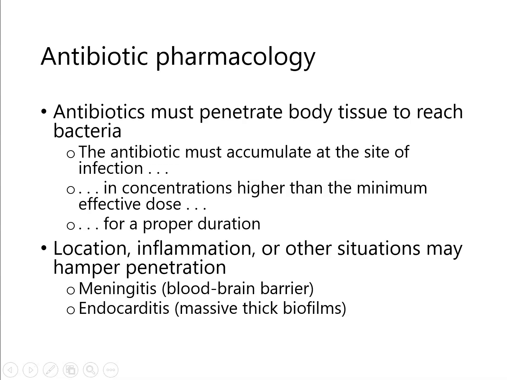Some of the bacteria that will infect heart valves make massive, thick biofilms, and antibiotics just won't diffuse into that very well, so antibiotic treatment won't be very effective. You have to use an extremely high concentration of antibiotics to treat endocarditis. And you might have to ultimately send the person in for surgery. So that's terrible.